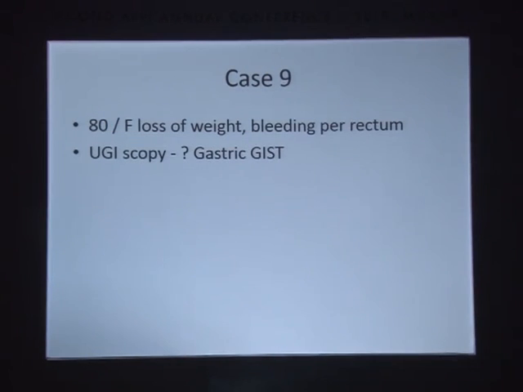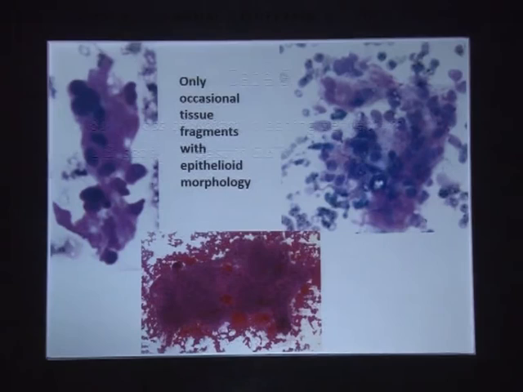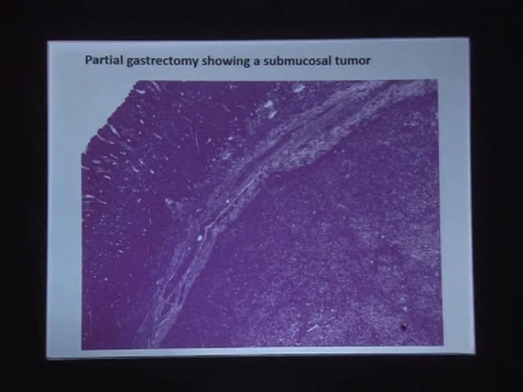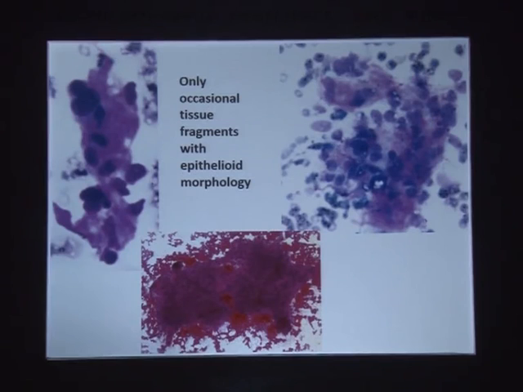This was an 80-year-old female. She came with loss of weight, bleeding per rectum, UGI scopy showed query gastric GIST. It was a very poorly cellular aspirate with fragments, and it showed very vague oval cytoplasm, but nowhere was that spindle cell morphology obvious.